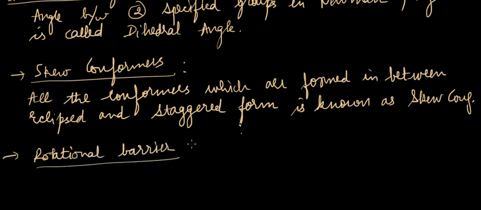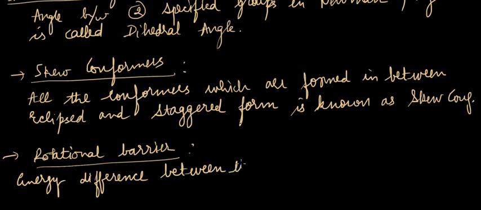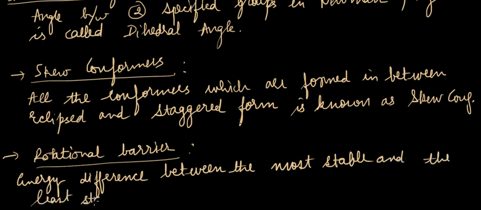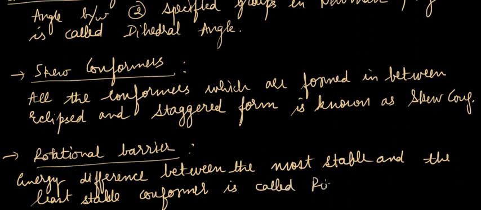Rotational barrier is nothing but the energy difference between the most stable conformer and the least stable conformer.